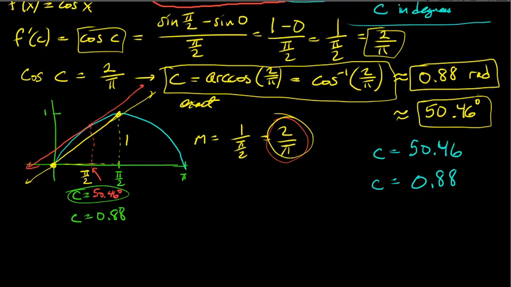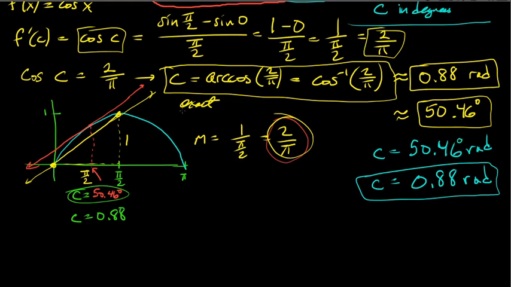Well, if you don't put the degree symbol, then it's 50.46 radians, which we know is ridiculous. It's not even 1 radian. It's only 0.88 radians. So if you don't put the degree symbol here, it's just wrong.